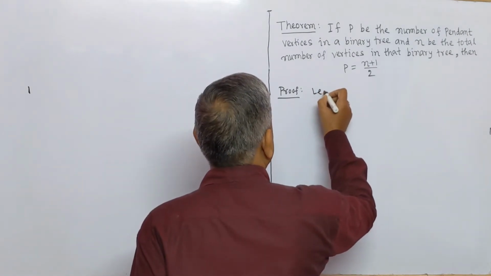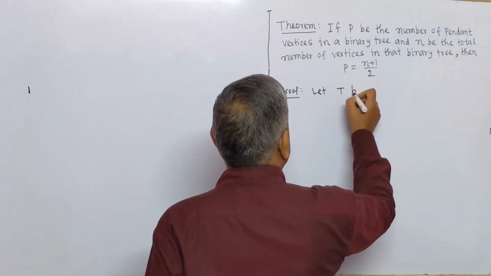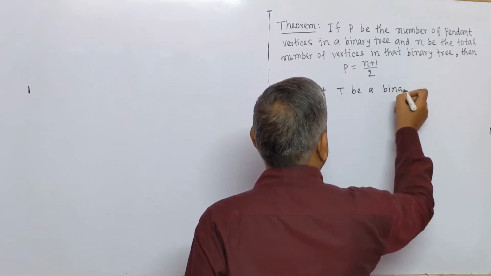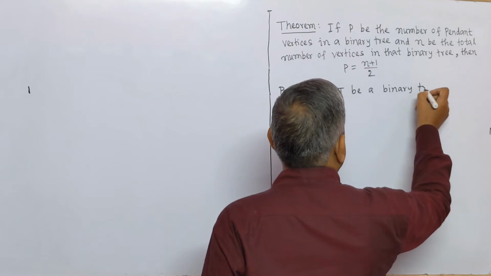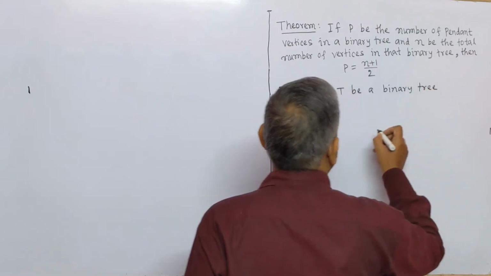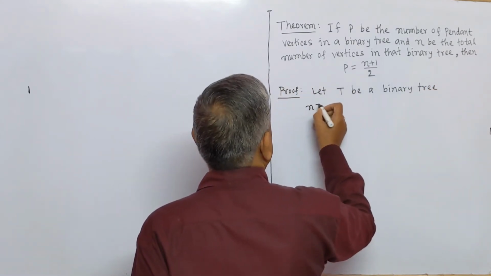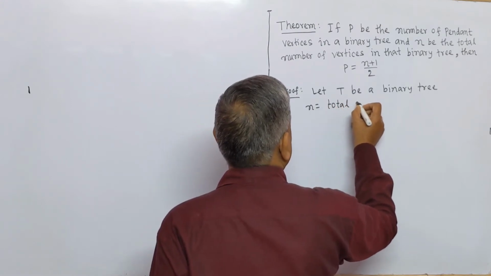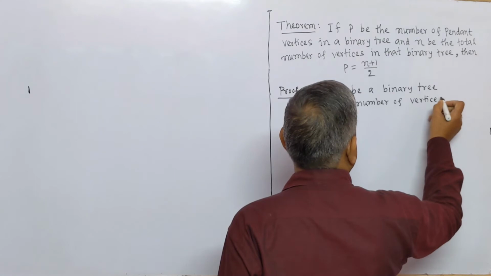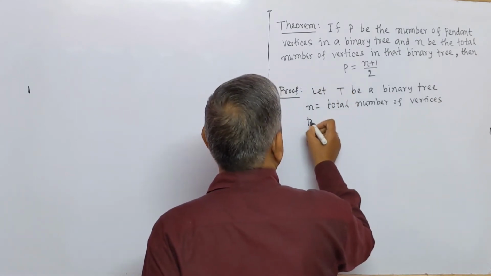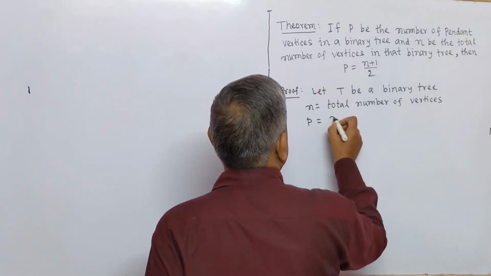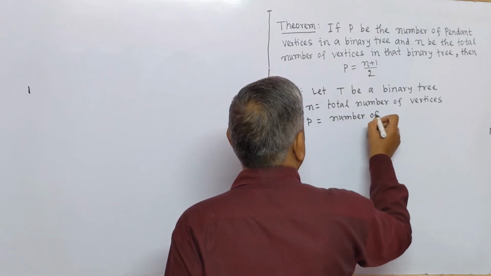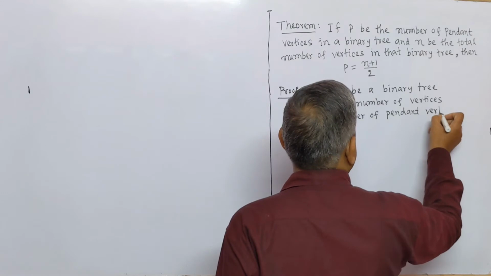Let T be a binary tree, n equal to the total number of vertices, P equal to the number of pendant vertices.